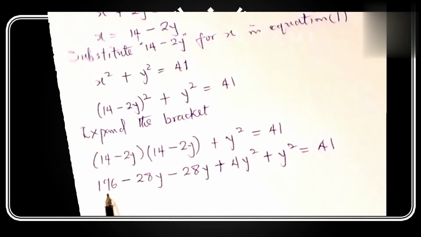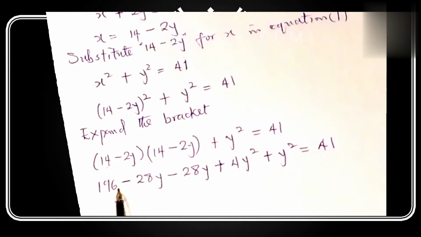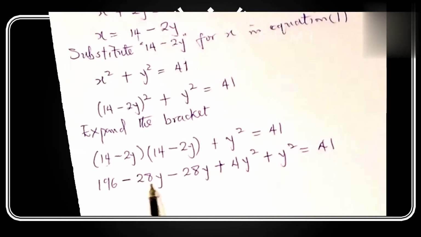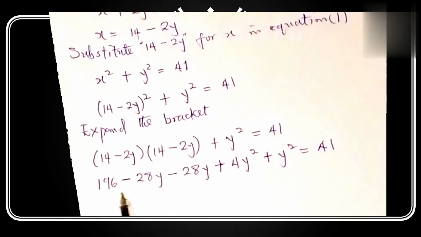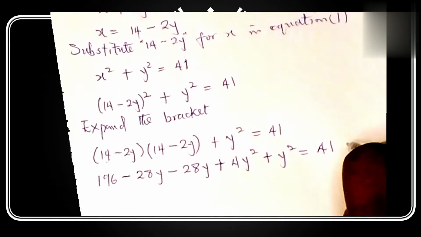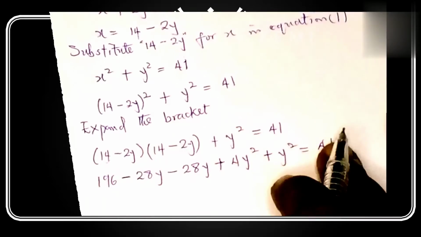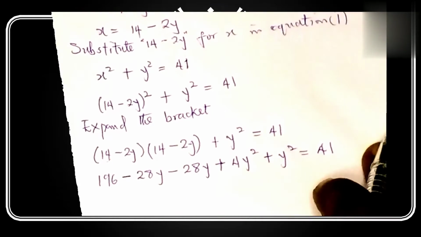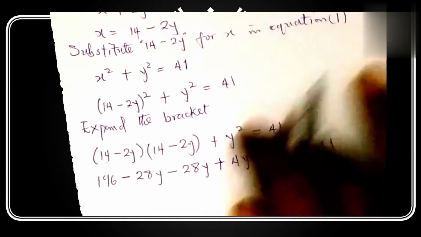For instance, now we have these without any variable, so we can transfer this to the other side. Is there any other one without variable? There is no other one except 196. So I'm going to take 196 to the other side of the equation so that everything on this side will not have variable.